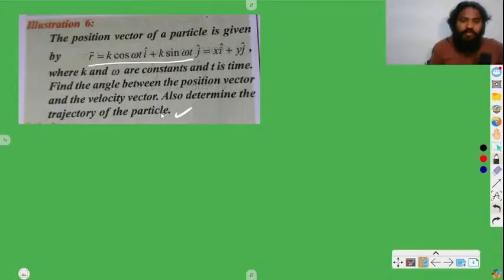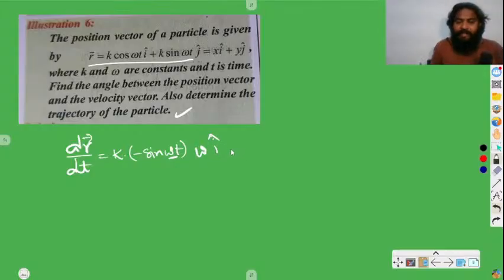Okay, so now here they gave r. If you differentiate that with respect to time, you will get the velocity vector, dr by dt. K you keep aside, then cos omega t, if you differentiate, you will get minus sin omega t, and again you differentiate omega t, then you will get omega i cap.